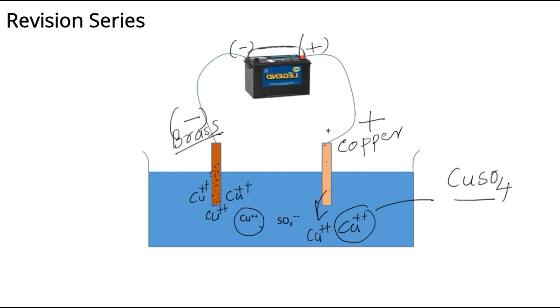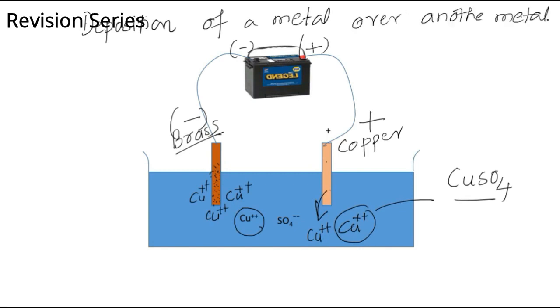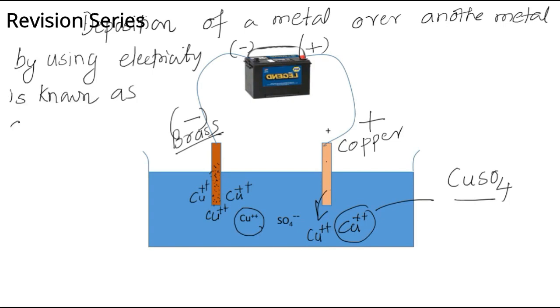So the deposition of a metal over another metal by using electricity is known as electroplating.